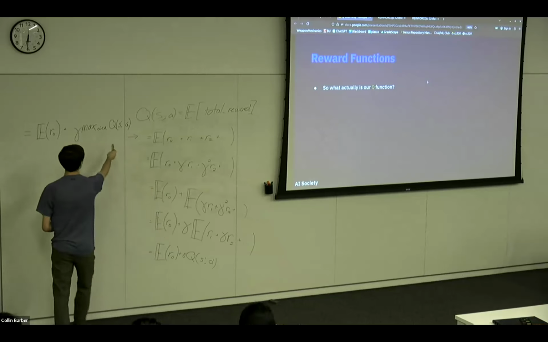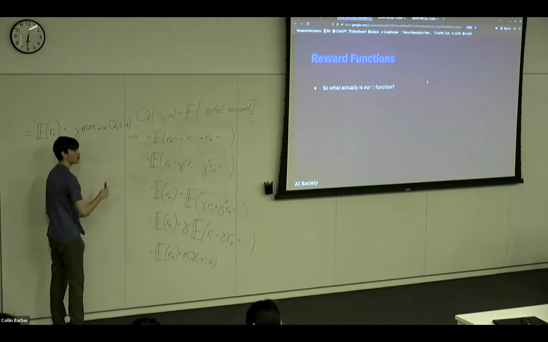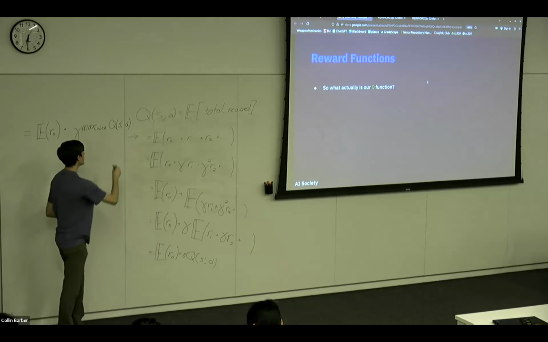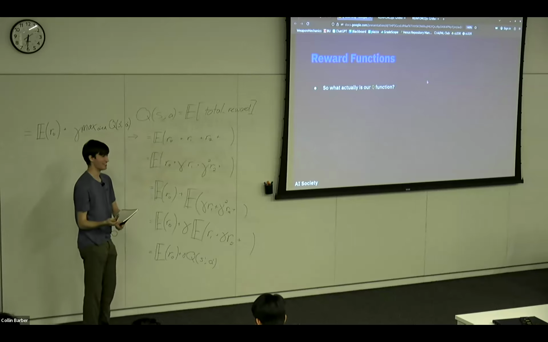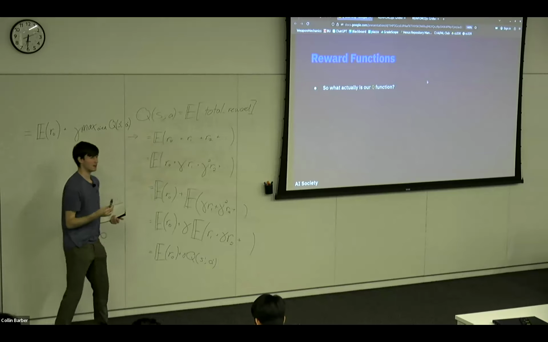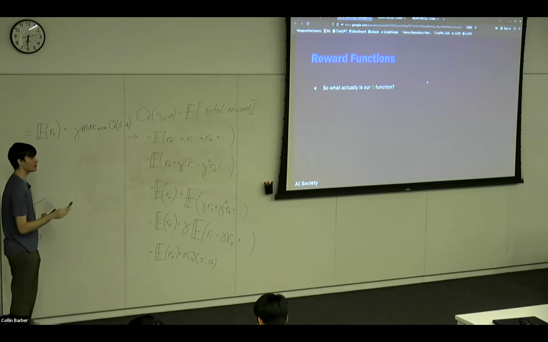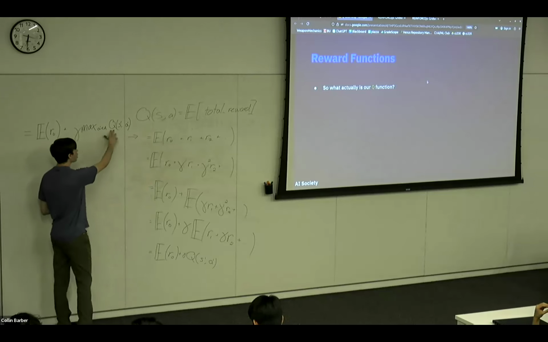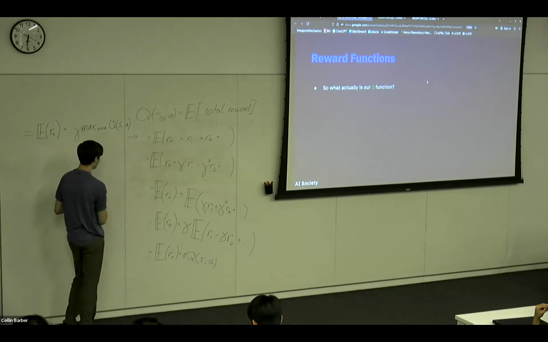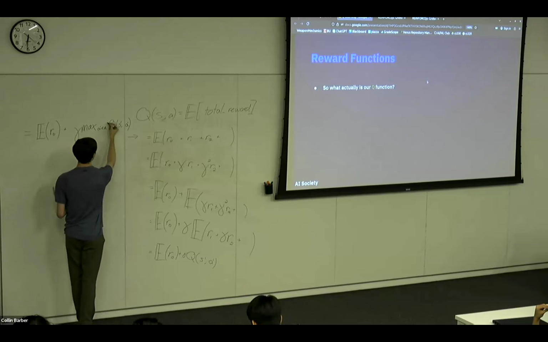Because right now, this is recursion, right? If you wanted to do this perfectly in code, you would have to call Q, which would call Q, which would call Q, and we run into an issue here. So the point of the Bellman equation and what we're trying to estimate is that we don't actually have to call Q again. We're just trying to do the expectation of Q here.